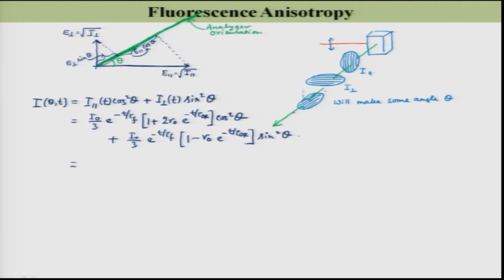This will be equal to I 0 by 3 e to the power minus t by tau f. I will take this common and then I will write it once again.